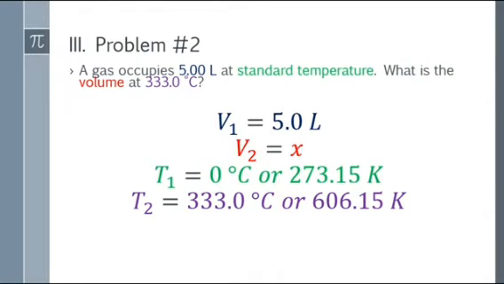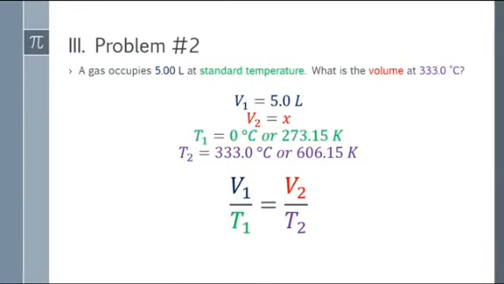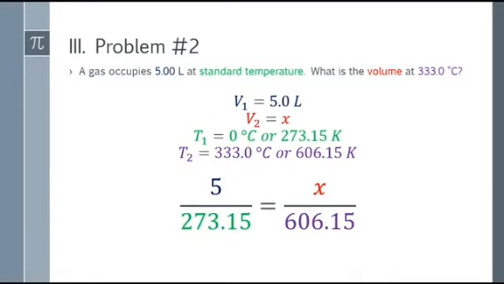So, color-coded naman siya. So, yung 333, magdagdag ka ng 273.15 para maging Kelvin. So, that will be 5 over 273.15 is equal to X over 606.15.